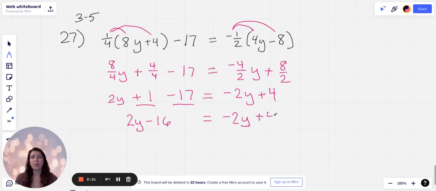And this should start to look more like the problems we did earlier in our homework in 3.5. So I want the variables on one side and I want the constant on the other side. So I'm going to first add 2y to both sides. And in the same step, I'm going to add 16 to both sides, just to save a little bit of time.